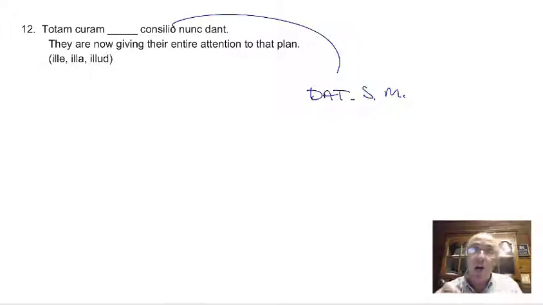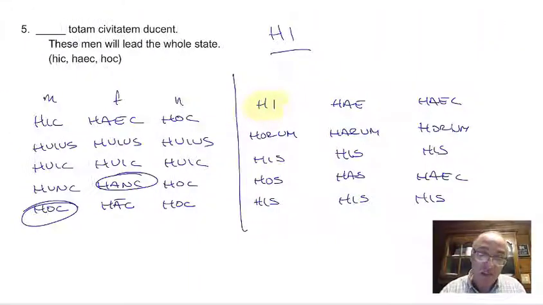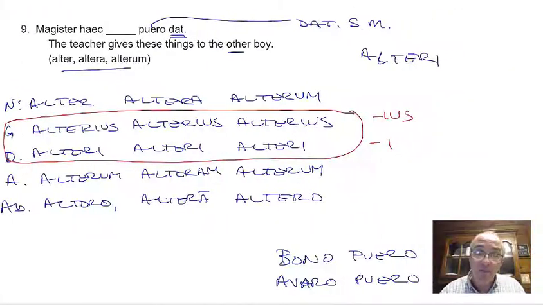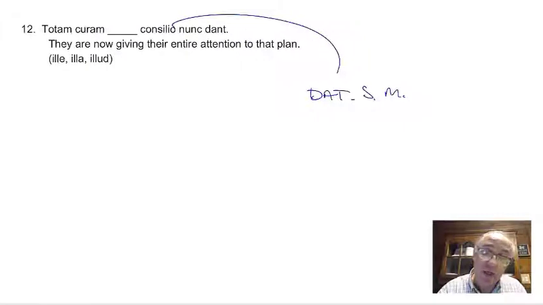But what do we know about ille in the dative singular? It's just a funky form. I-L-L-I. Totam curam. Illo concilio. Illi concilio.